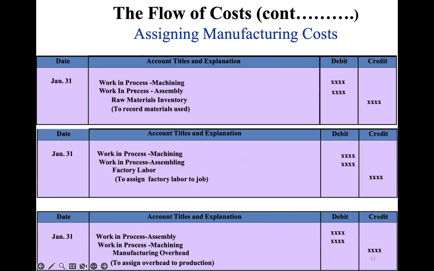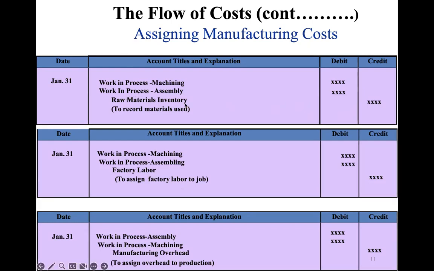Right. So first, I hope you all read this. First we are assigning the raw materials, factory labor, and manufacturing overheads. So here we need to record the materials used in both processes, in machining and assembly, right?